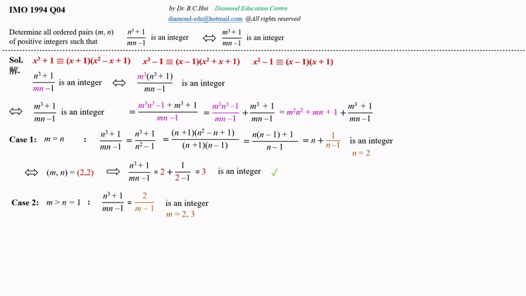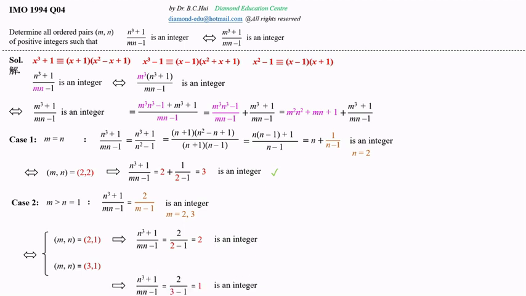There are only two possibilities, which are m equals 2 or m equals 3. If n equals 1 and m equals 2, then the quantity equals 2, an integer. If n equals 1 and m equals 3, then the quantity equals 1, also an integer. So we get 3 solutions.